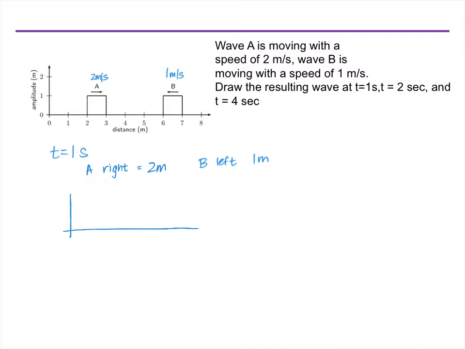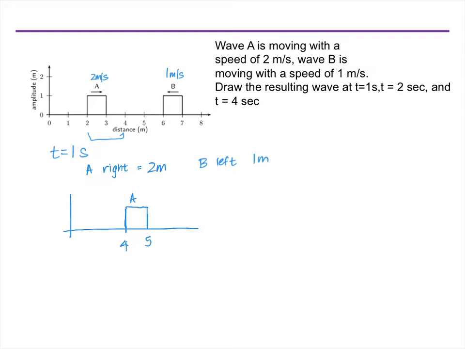So if A moved 2 meters, it would go from here to here. So if this was 4 meters, now this would be the beginning of where wave A would be, because it moved 2 meters to the right. So now instead of going from 2 to 3, it goes from 4 to 5.